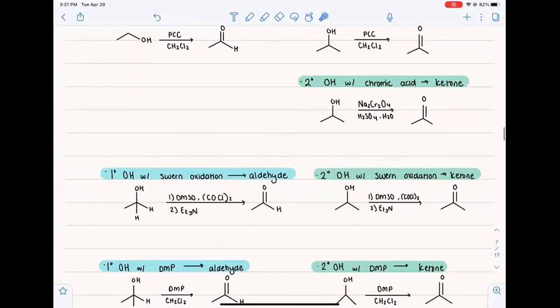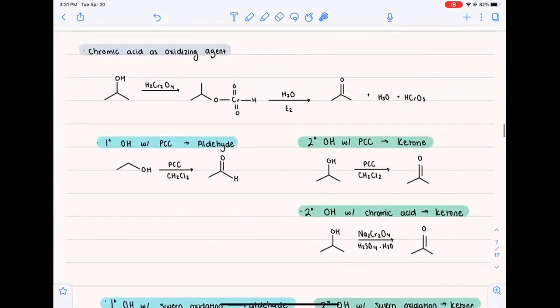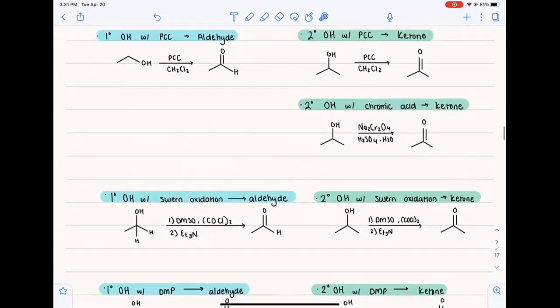And now, I feel like this was so pretty the way that I set them up side by side. We have primary alcohol with PCC gives us an aldehyde. Secondary alcohol with PCC gives us a ketone, okay? Secondary alcohol with chromic acid gives us a ketone, okay?